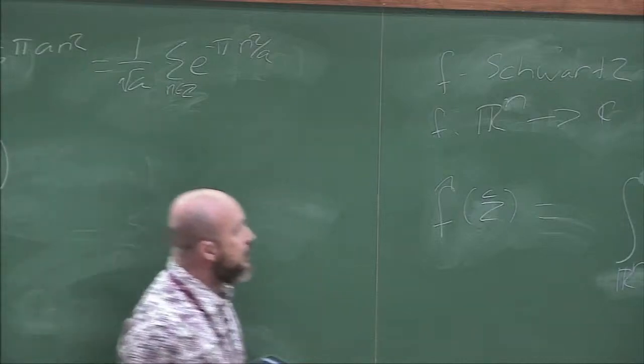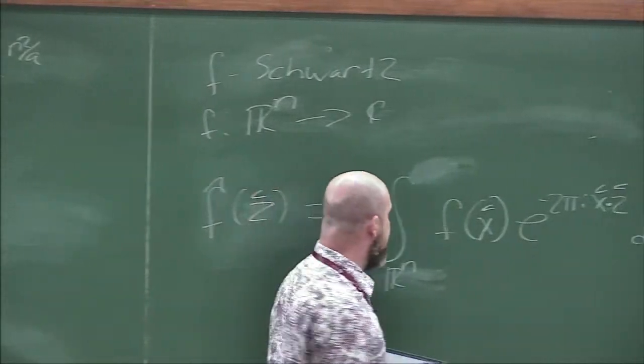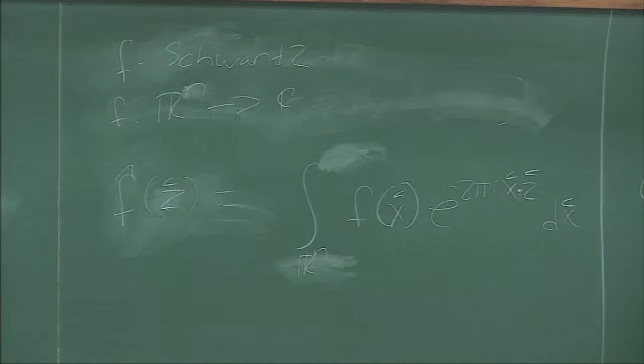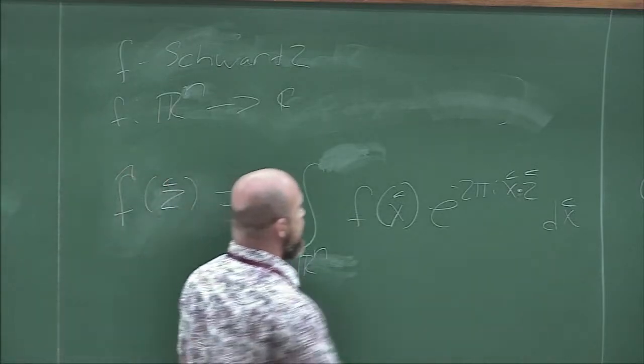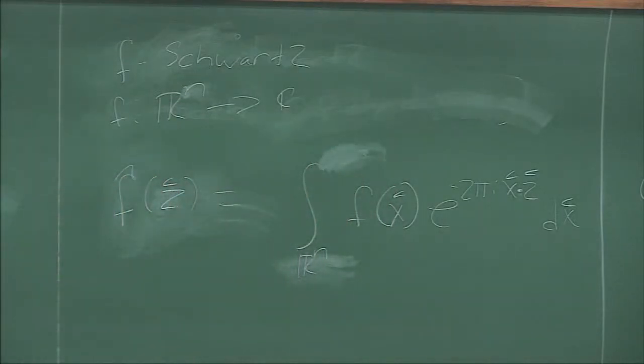Now this dot product is just separating out our variables, and so really this is just a Fourier transform in each dimension individually. There's nothing really complicated, nothing really fancy going on there. This is just a very nice, compact way of doing all of those Fourier transforms in those different dimensions all at once.